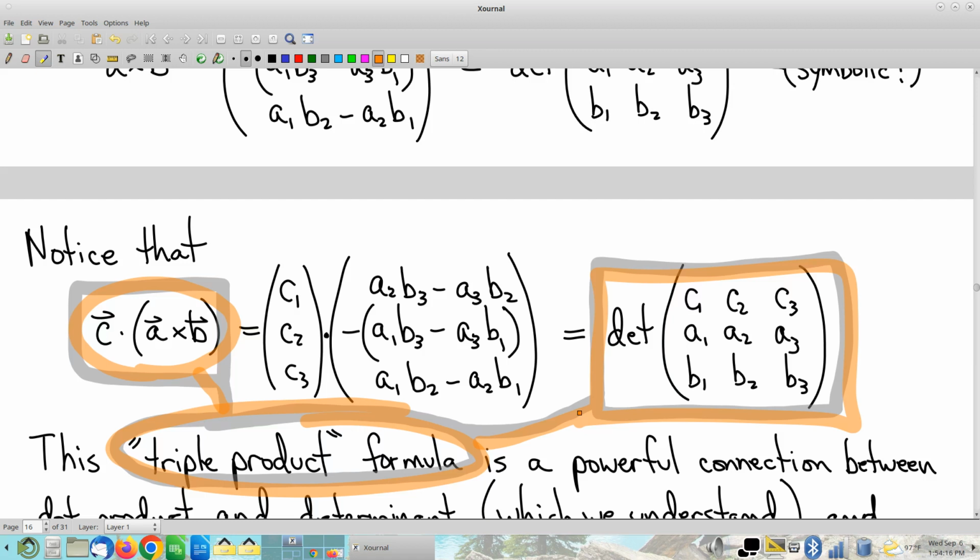Yes? Would it be different if you did A cross B and then dot product with C? I hear you. I'm going to say yes and no. I'm going to say there's a landmine there. Just by the commutativity of dot products, it is true that you can write this as A cross B dot C. But what we're going to find in a minute is that we're going to be taking these 3 vectors and cycling through them, and the order that these things are written down in is going to matter.